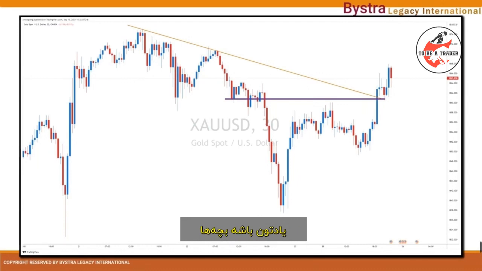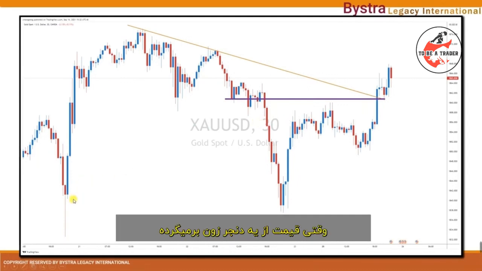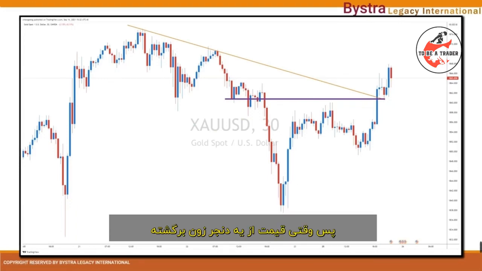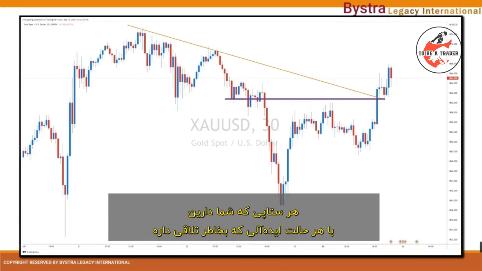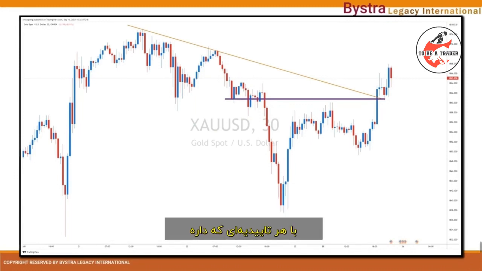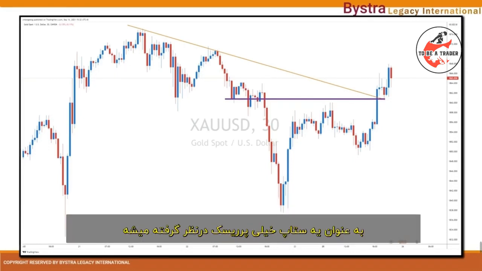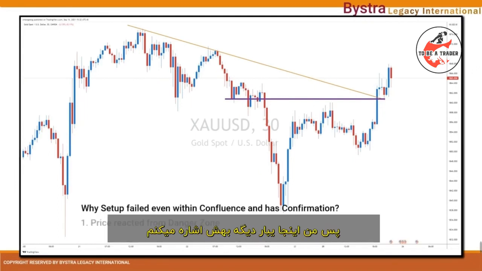Remember guys, when the price reacts from a danger zone, there is a reason why it is named a danger zone. Once it has reacted from a danger zone, any setup that you have, any perfection within the confluence, any confirmation will become very high risk. So here I'm going to mark it one more time.